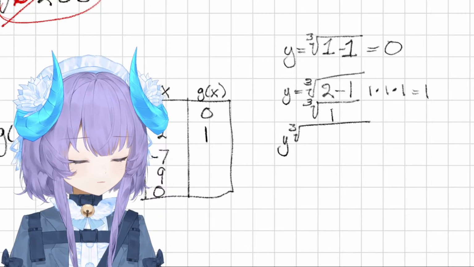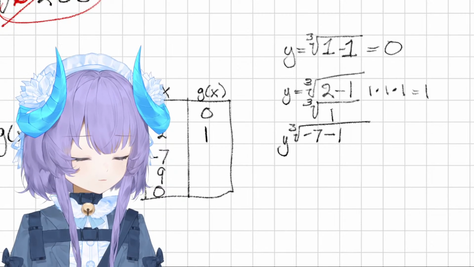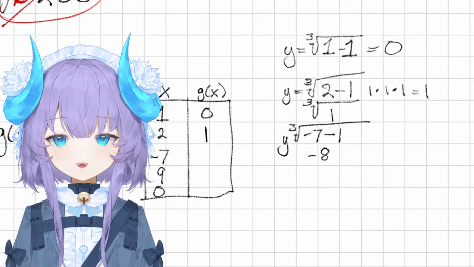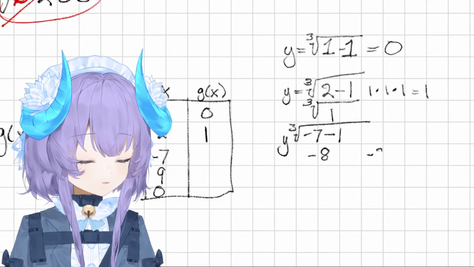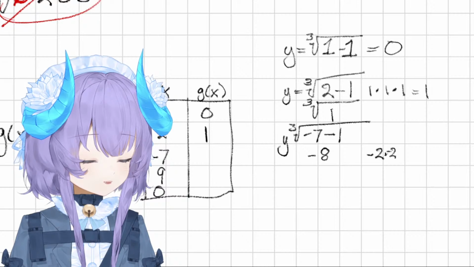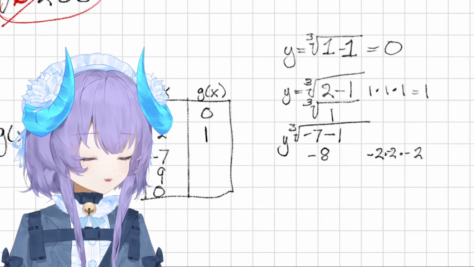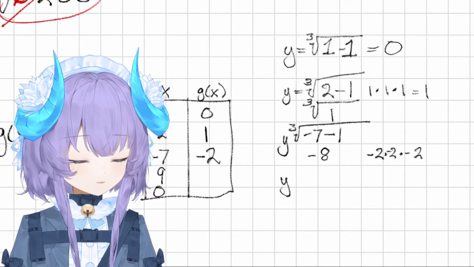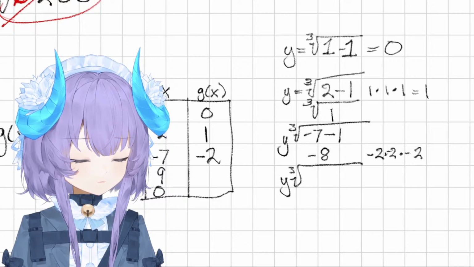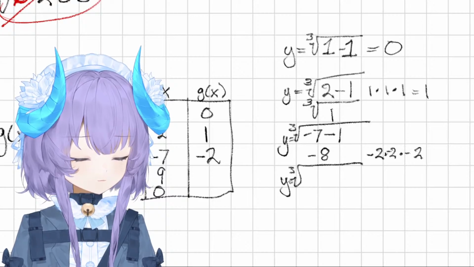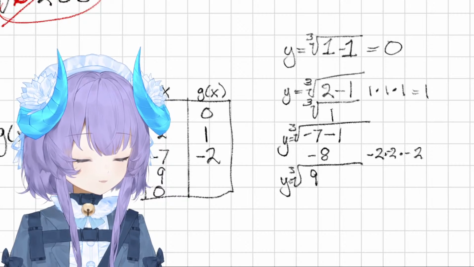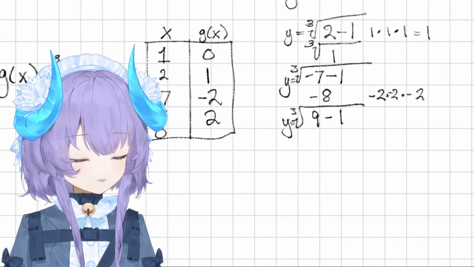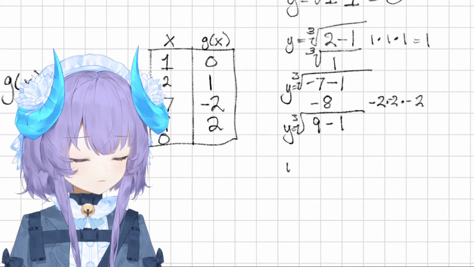So then we put in -7. It's -8, which would be 2, right? Because -2 times -2 times -2 would equal -8. Okay. Then we've got 9. Would be a +2. And then 0.